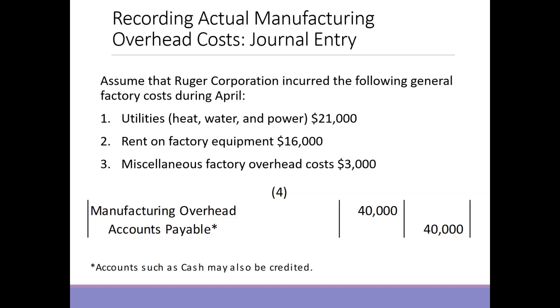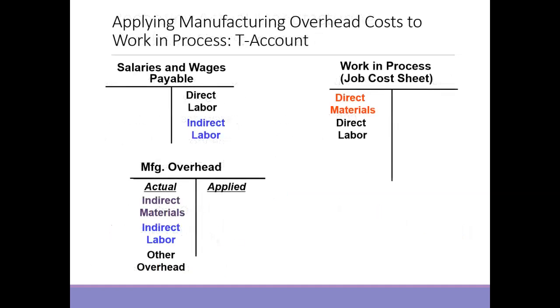All of these items are indirect materials or indirect costs that will go into manufacturing overhead. Does that make sense? Okay, so that's going into manufacturing overhead.